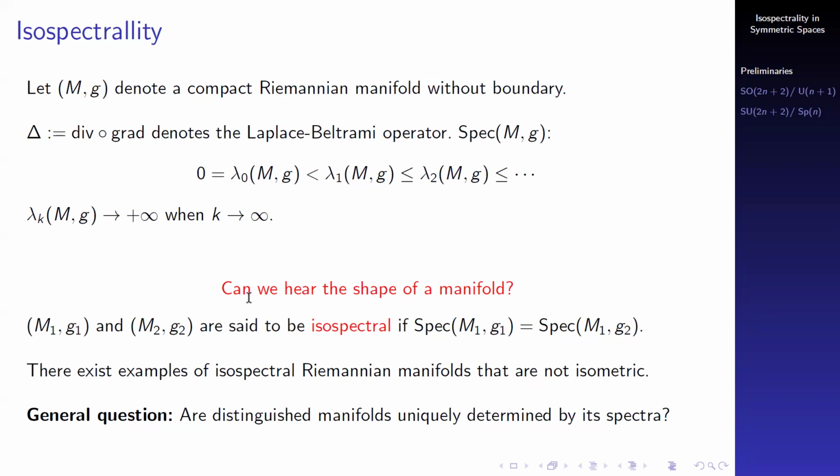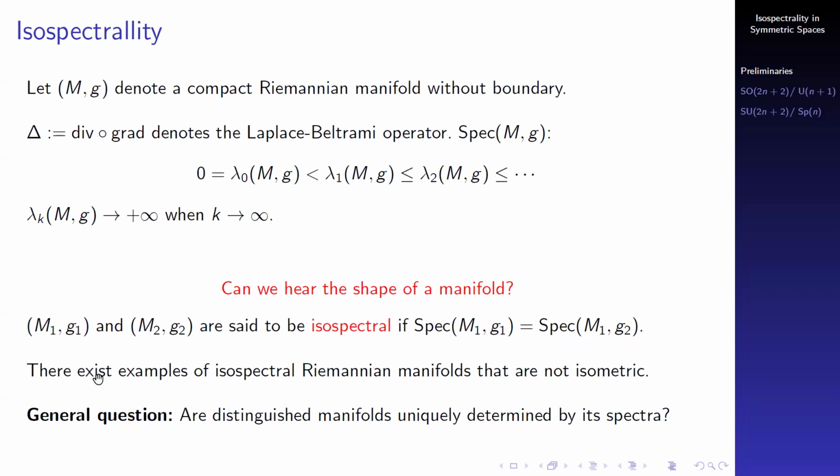So in the context of Riemannian manifolds, the frequencies are modeled with the spectrum. So we ask if two manifolds with the same spectrum are isometric, whether they have the same geometry or not.